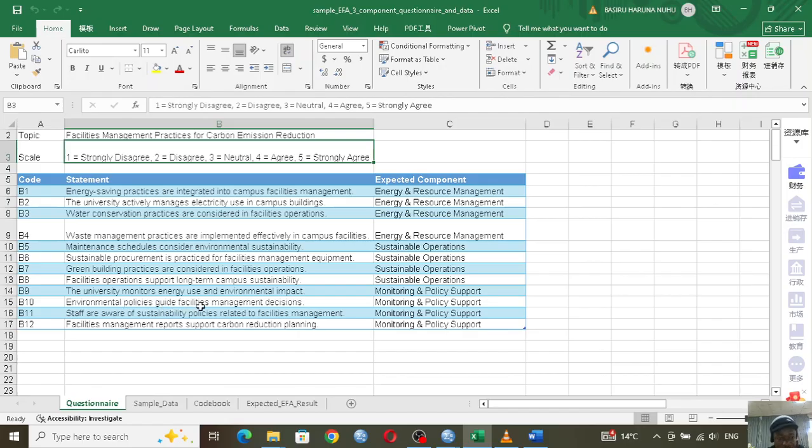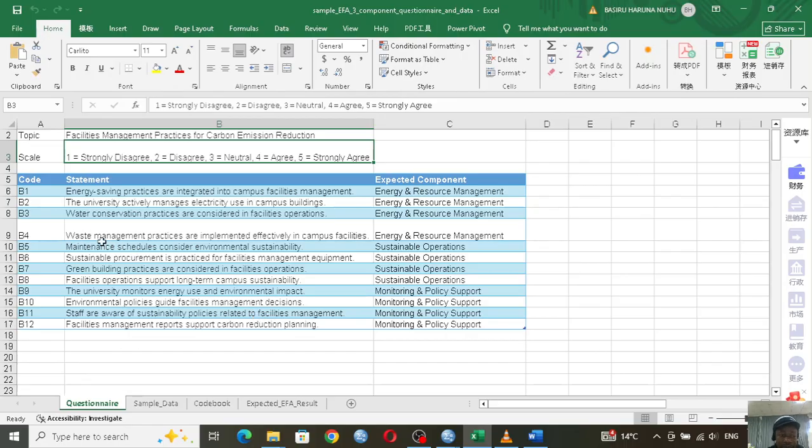Guide is also just about monitoring, and then staff are aware of sustainability policy related to facility management. So awareness is just trying to monitor. They also, so facility management reports. So now they get aware, they monitor and then they support. So we place these ones under monitoring and support. Instead of going by each and every one of these, we just use monitoring and support.